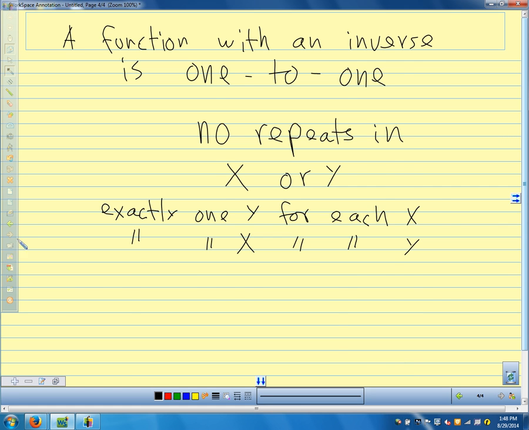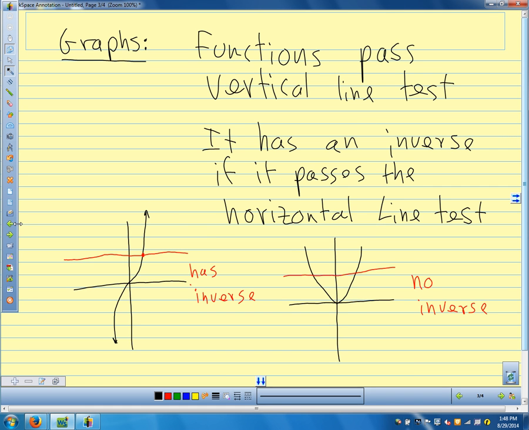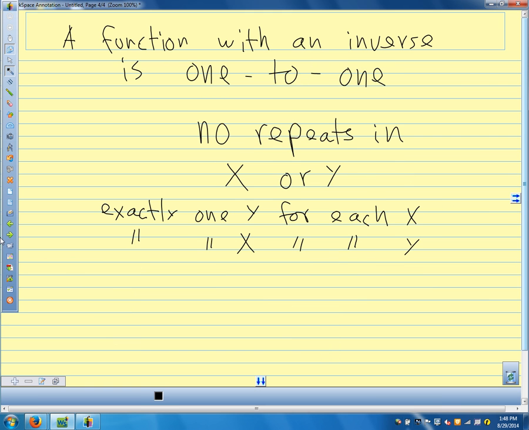If I go back here really quickly, here I have repeat y's. Let's say y equals 2, and y equals 2 right there as well. So I have a repeat in the y. If I block it off here, I don't have any repeats in the y's. So we don't get any repeats in the x or the y. All right, questions so far?